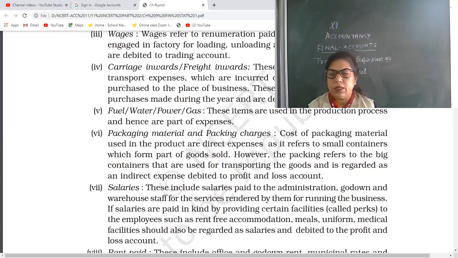All the perks, perquisites, facilities, compensation of employees, like rent-free accommodation, free meal, lunch facility, uniform, medical facility, education facility, all to be included in salaries, and salaries are always debited to profit and loss account.